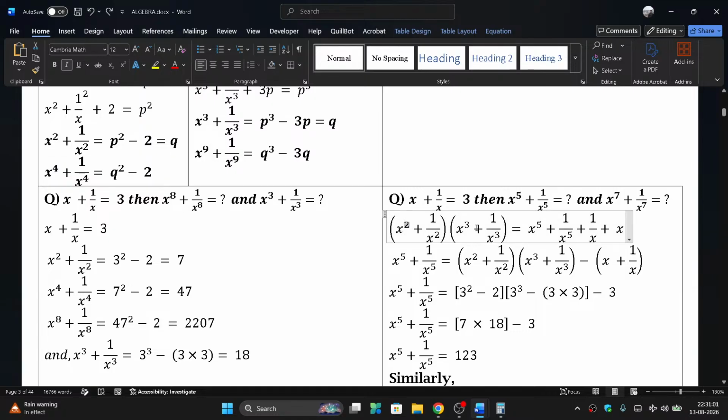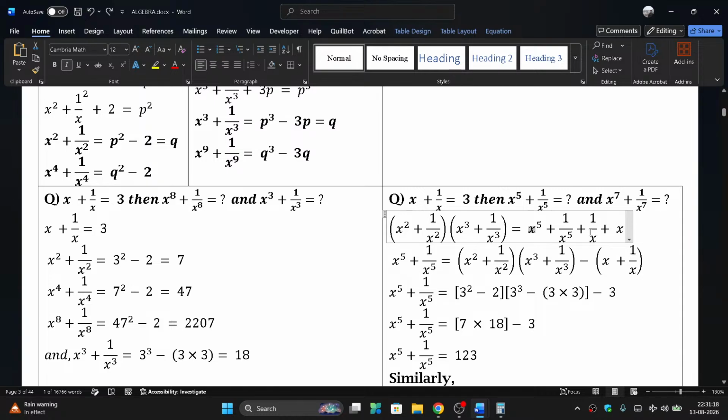We need to add these powers: x square, and this would be 1 by x, this would be x, and this would be 1 by x to the power 5. And that's how we got x to the power 5 plus 1 by x to the power 5 plus 1 by x plus x.